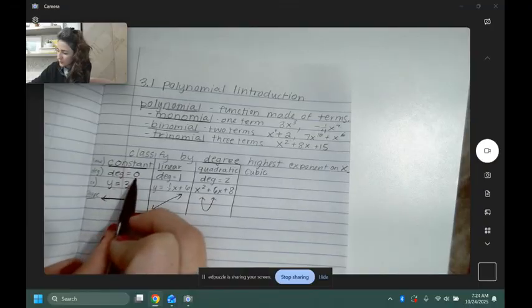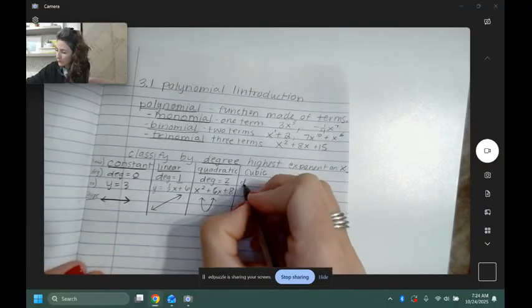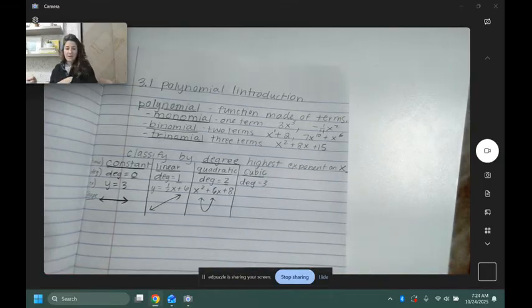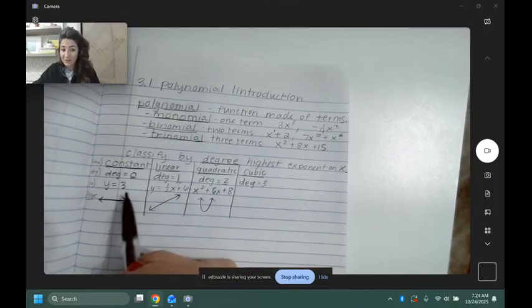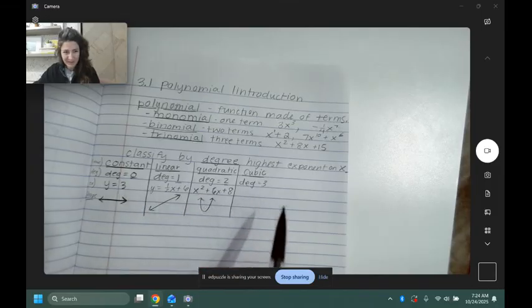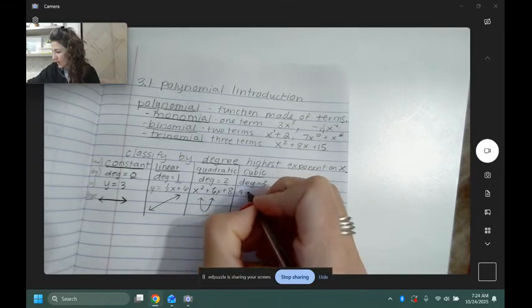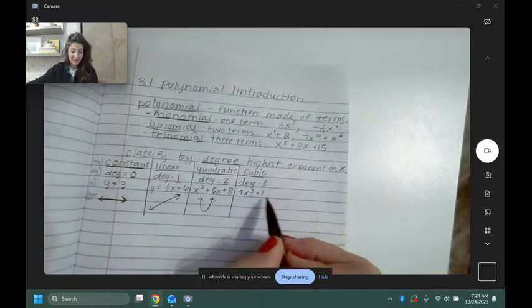Then I've got cubic. Notice the degree is going up by 1 each time: 0, 1, 2. So for cubic, the degree is 3. This is where I'm going to have an x with a 3 as the highest exponent. I don't have to have 4 terms in this, but you can if you want to. Something like 4x cubed plus 1, like a binomial.